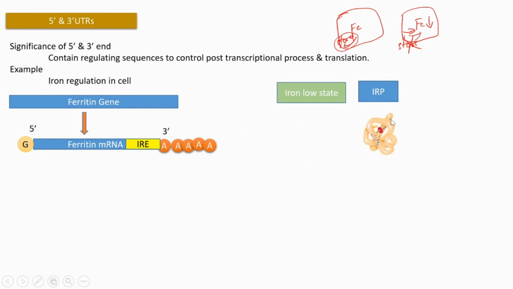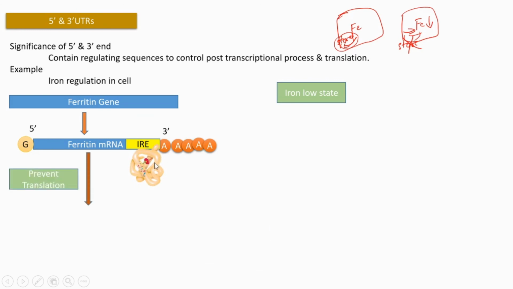At that time a protein is formed that is called the iron responsive protein. What it does is it comes and binds to the iron responsive element, that sequence, and it prevents the translation of the ferritin protein. So this happens when the iron level is low.